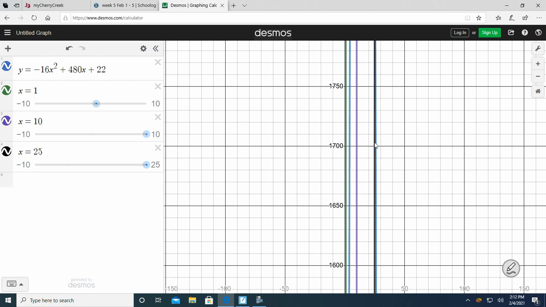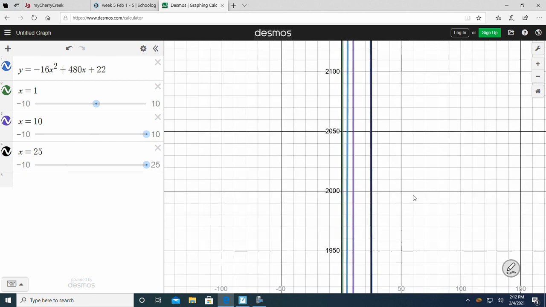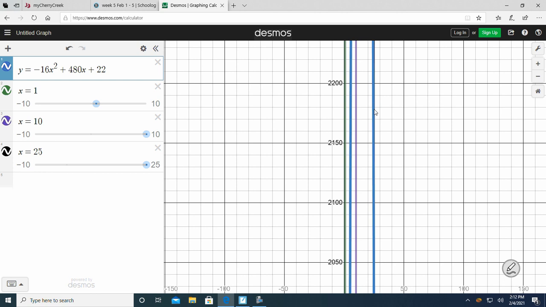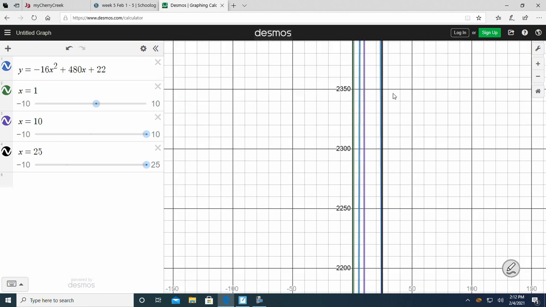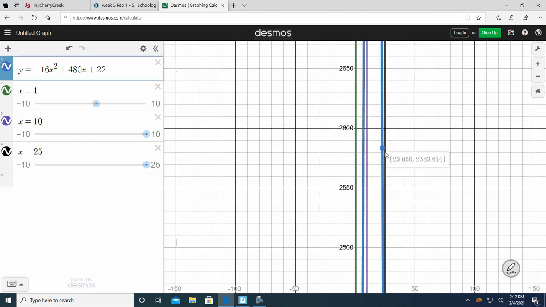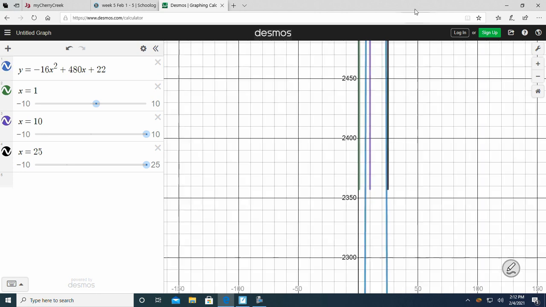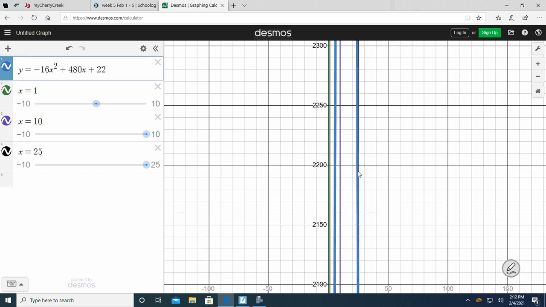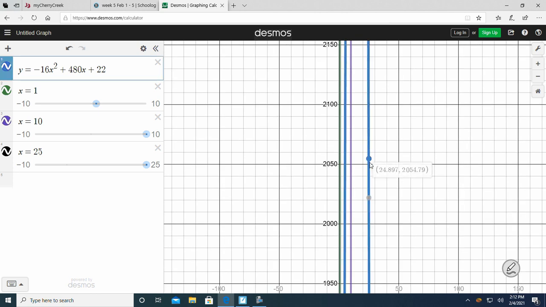This rocket went high. So there it is. 2,022 feet.